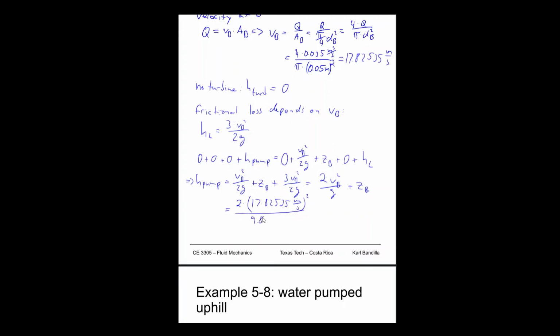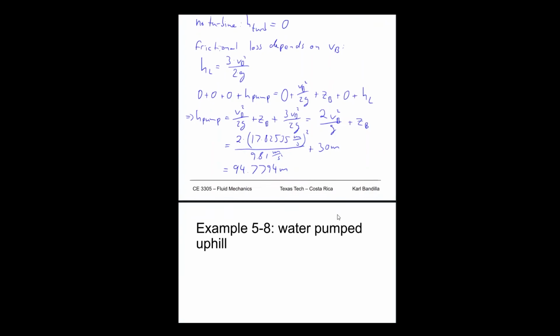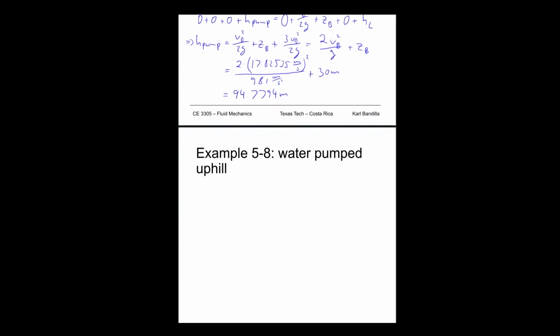G is 9.81 meters per second squared. And then plus our ZB, which was 30 meters. That gives me 94.7794 meters. Let's see if that works out. We have meters squared per second squared, and meters here, yes, that all works out.